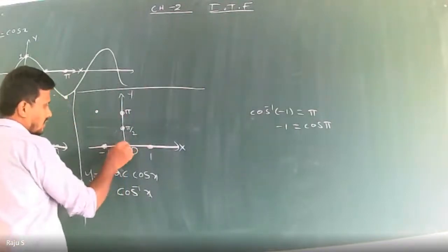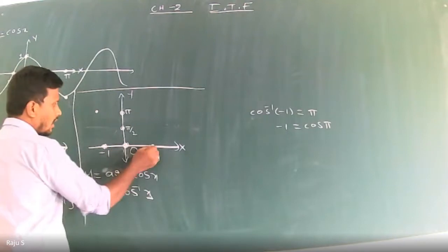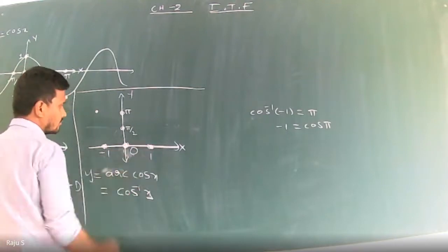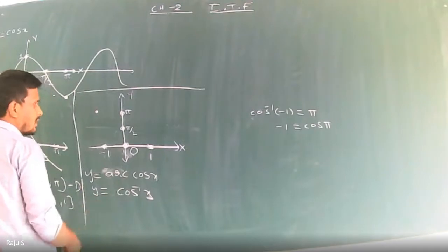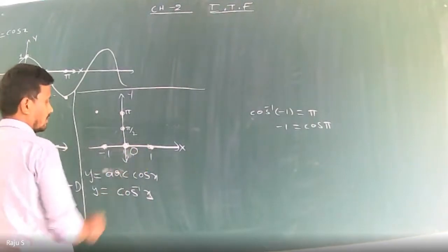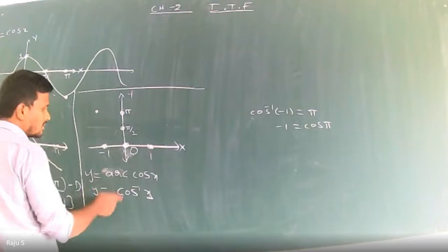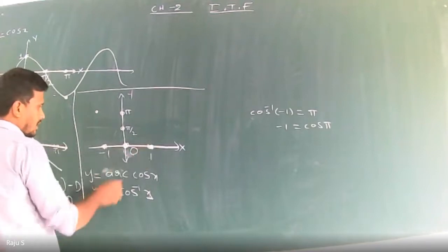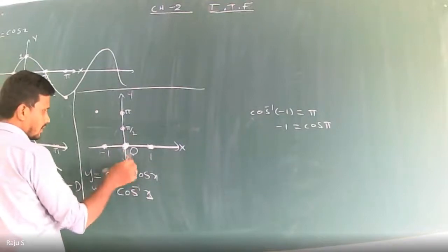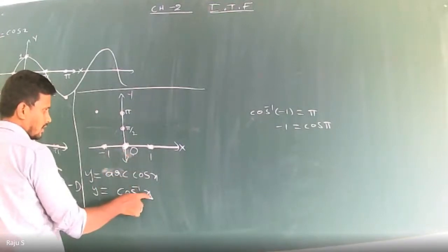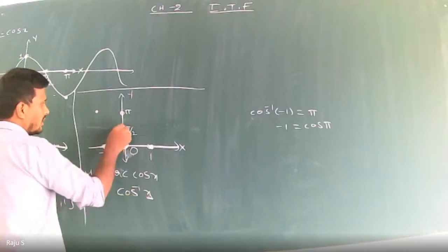Now cos 0 is 1, and for cos inverse the value becomes 0, which lies on the x-axis, right?